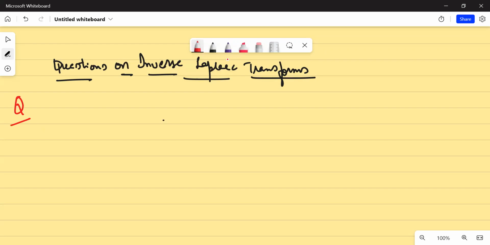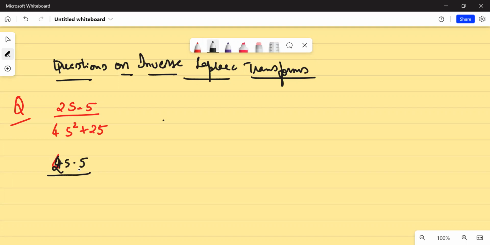Let us do a few questions on it. We want to obtain the inverse Laplace transform of (2s minus 5) divided by (4s square plus 25). I told you on the very first day that one good strategy to obtain an inverse Laplace transform is to write it in terms of Laplace transforms that you know.